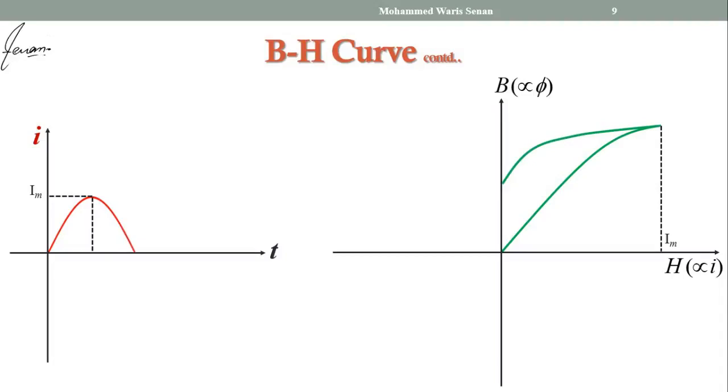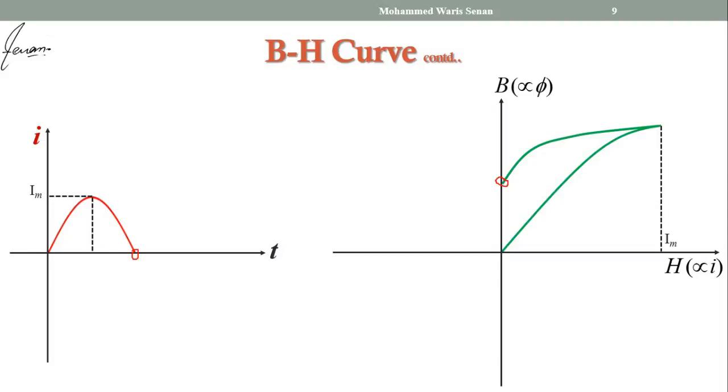like this. Now when the current is 0 at this point, the magnetic field inside the material will not be 0. That means it has some magnetic field inside it. Some of the dipoles are still in the direction of the applied magnetic field. At this point, the magnetic field that is left is called residual magnetism.